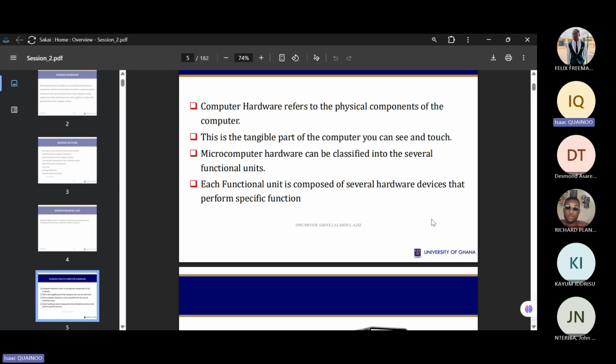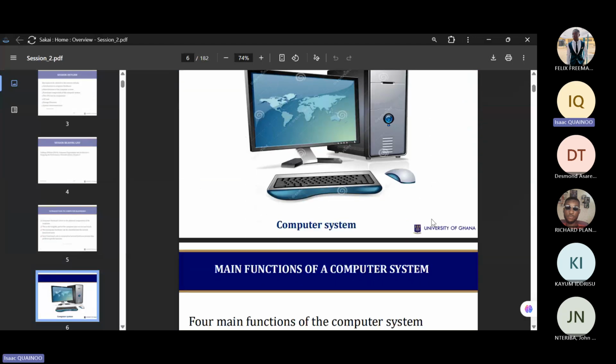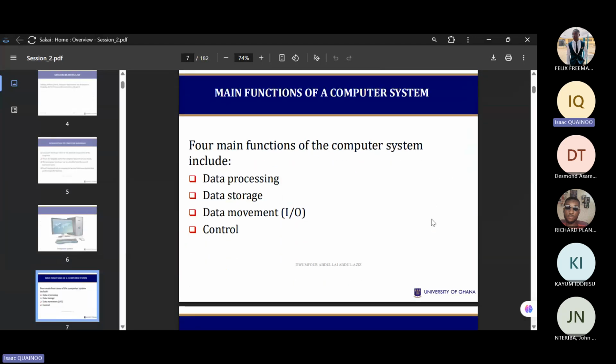These are the different devices that come together to form that particular functional unit of the computer system. We will look at some of these with time and then talk about them properly.